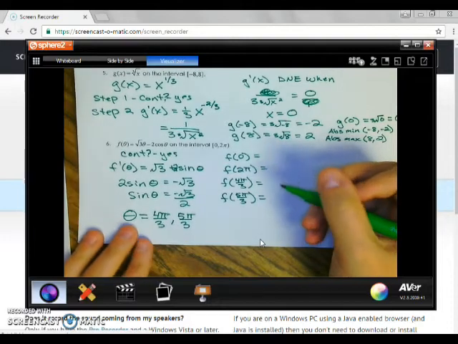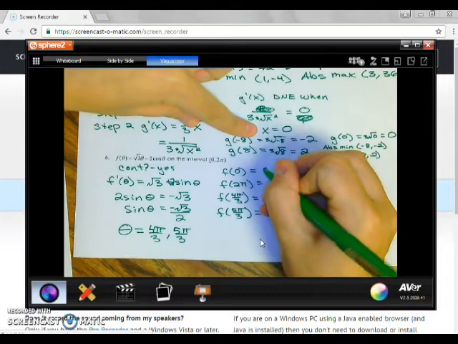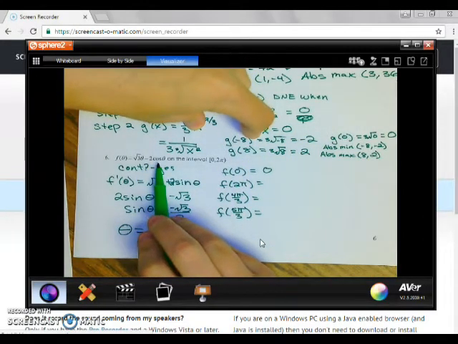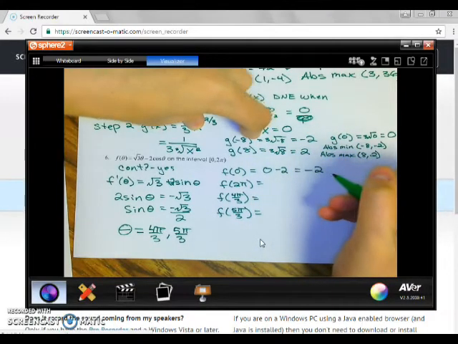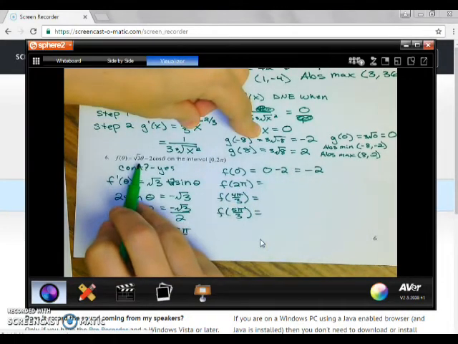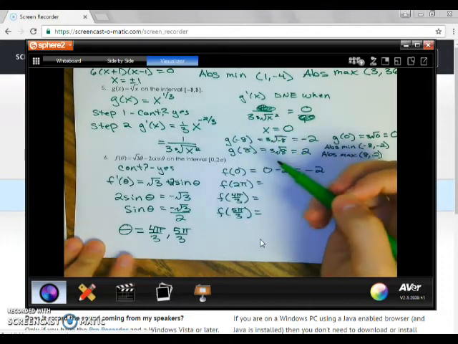So when I plug in a 0, radical 3 times 0 is just going to be 0, and then minus 2 times the cosine of 0, right? Cosine of 0 is 1, 1 times negative 2 gives me negative 2. So 0 minus 2 is negative 2 there. Plug in 2 pi to the original: that's going to be radical 3 times 2 pi, so I'm just going to write that down.